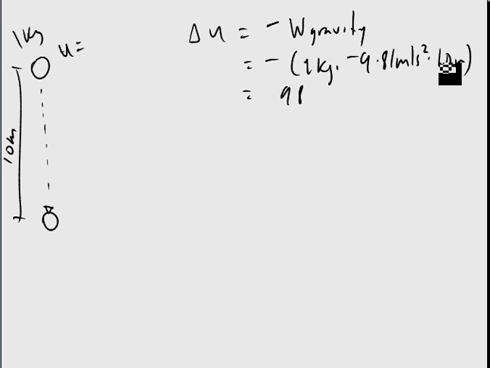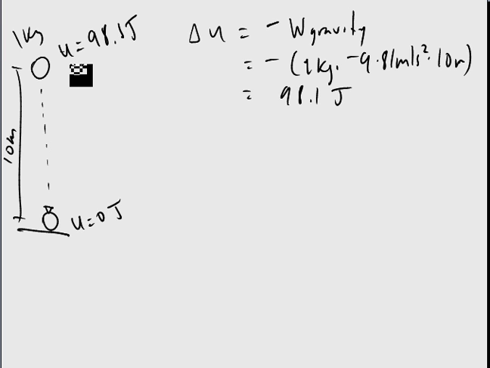So you'll get a positive 98.1 joules. So for potential energy at the ground, 0 joules, then at the top, by lifting it up, it has gained 98.1 joules.